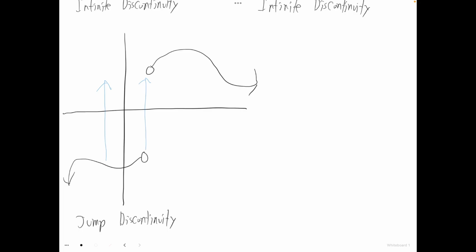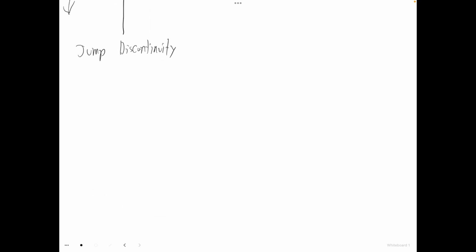And so this will be a place where the limit as x approaches a from the left does not equal the limit as x approaches a from the right. But both are finite. And so those are the three kinds of discontinuities that we can have in a graph, or in a function, which we can graph.